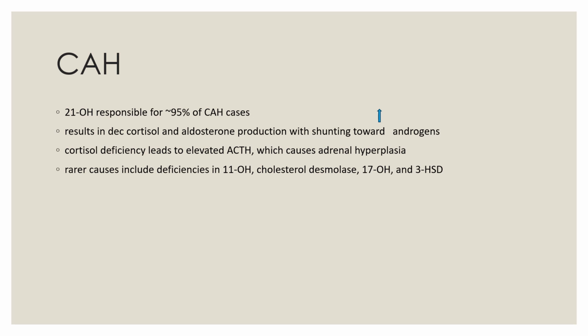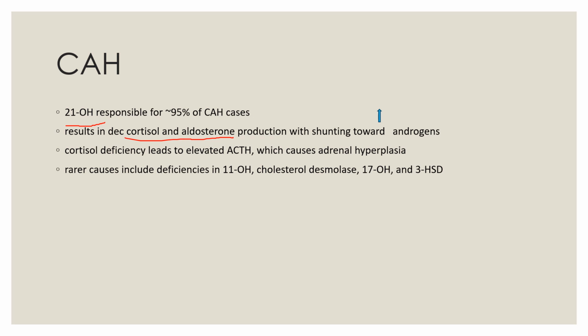And coming to congenital adrenal hyperplasia, the main responsible enzyme is 21-hydroxylase, which is responsible for around 90 to 95% of cases. So it results in a decrease in cortisol and aldosterone. I hope you have understood how it is decreasing, because that is one enzyme which is very important in the step of formation of cortisol and aldosterone.